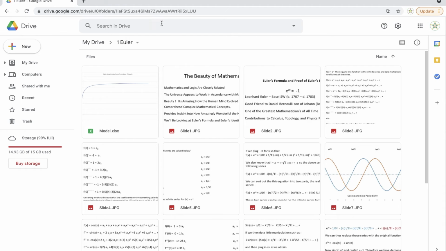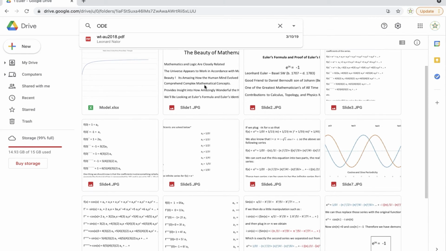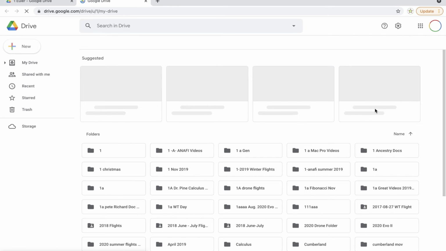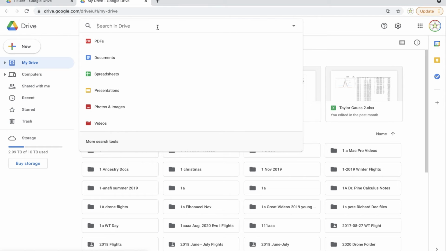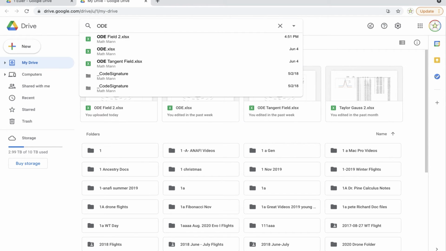Let's see if I can search ODE. Is this my... Nope. Sorry. I gotta get my right drive. It'll open up in 1 second. Let's search for ODE 2. ODE field 2.